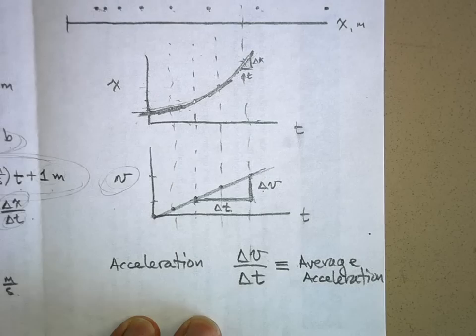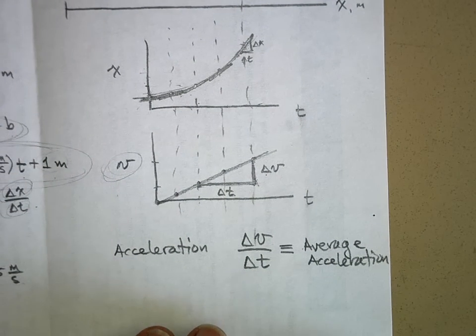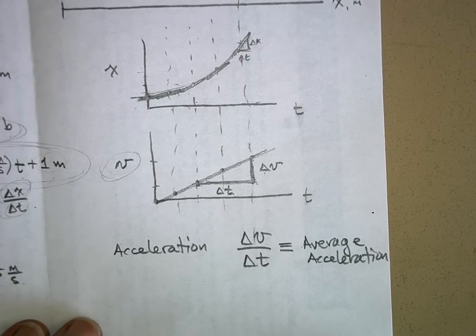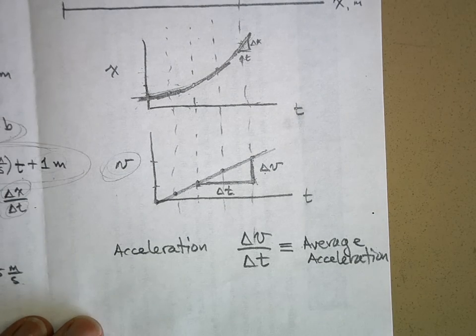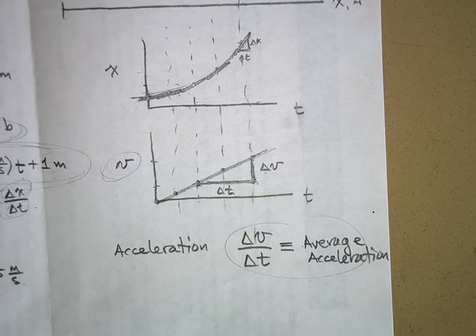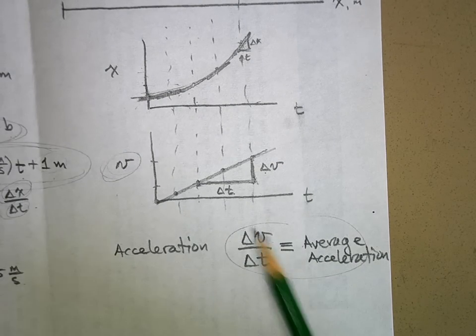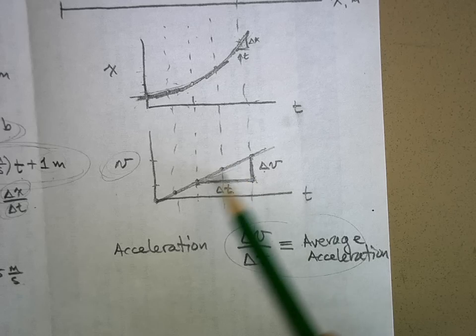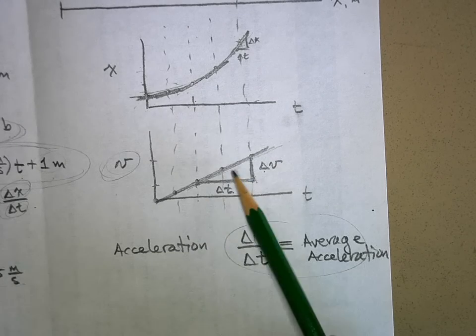Okay? But if you want instantaneous acceleration, if you want to know at what rate I am changing my velocity right now, at an instant in time, what are we going to do to this guy? You're going to take the limit and let delta t shrink to 0 and get the slope of a tangent line.